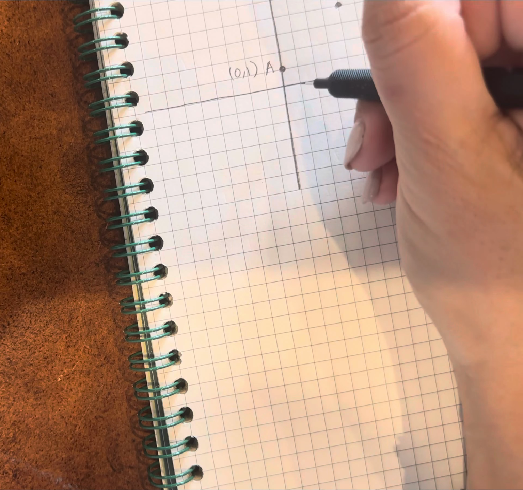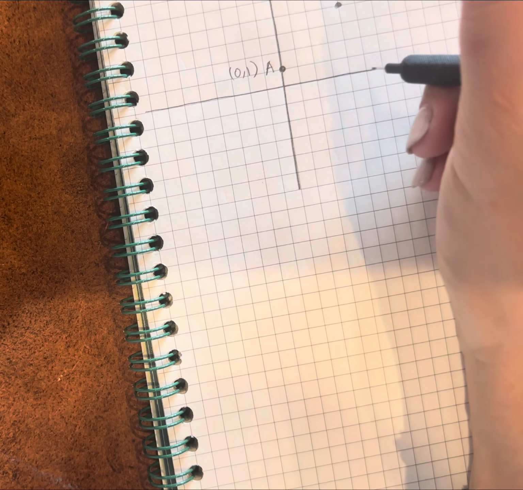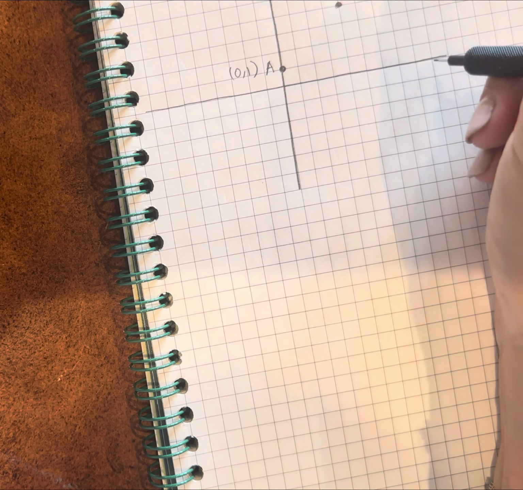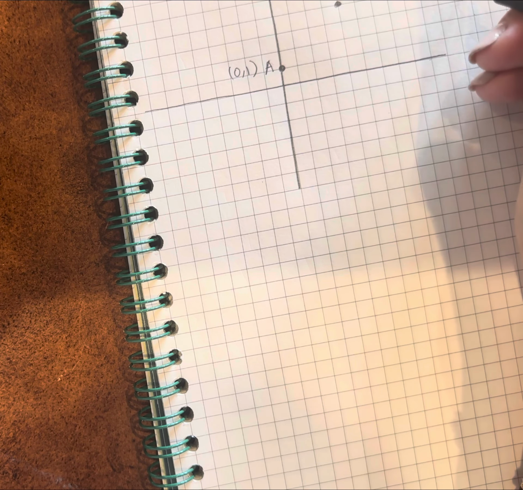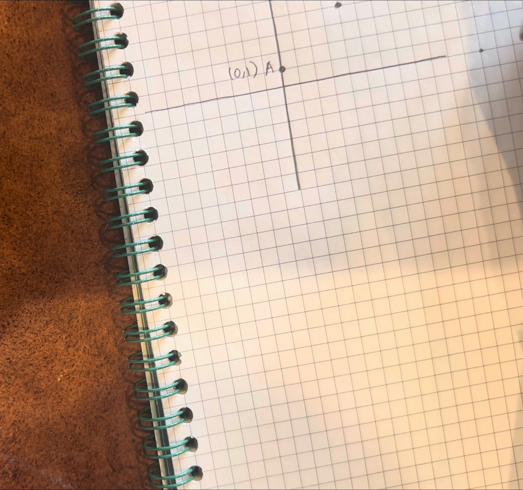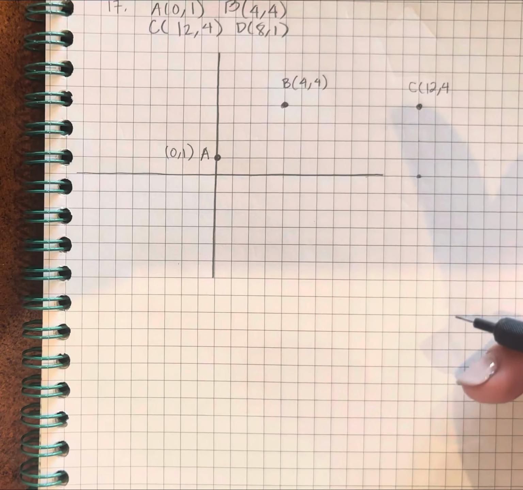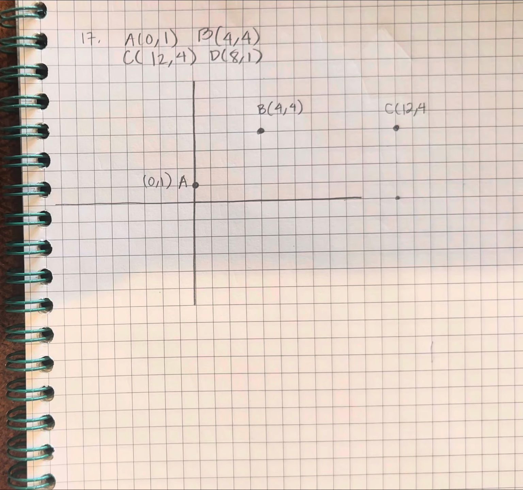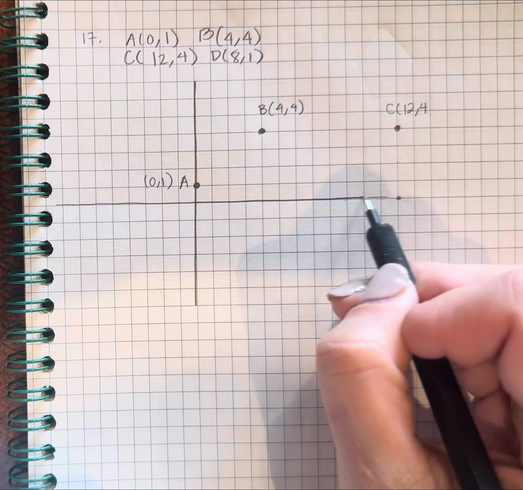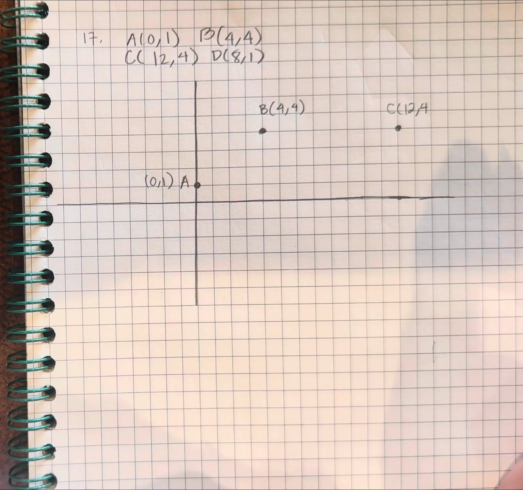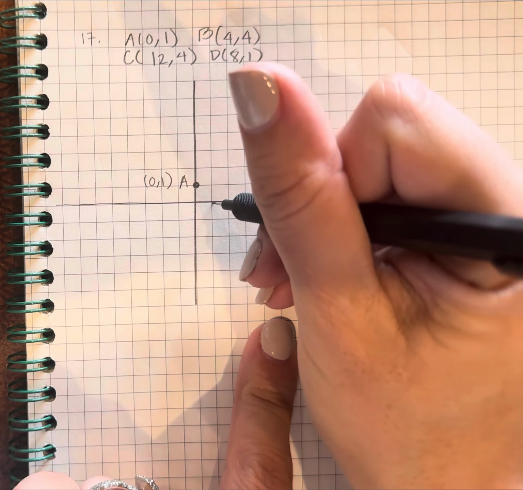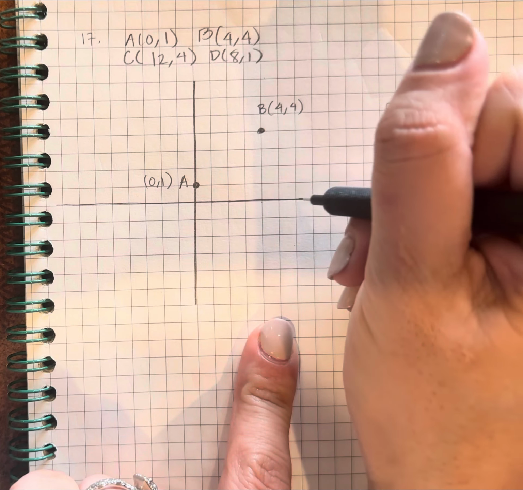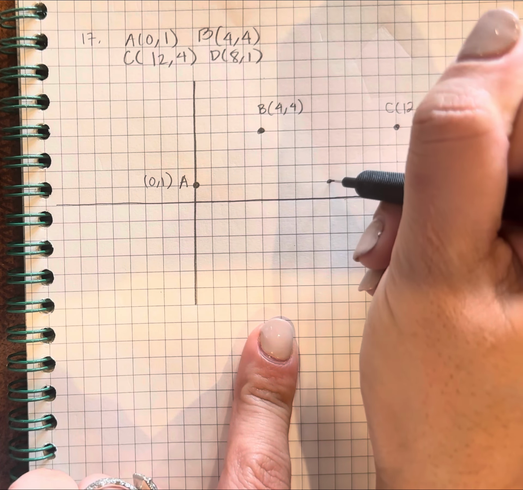C is 12 over, 1, 2, 3, 4, 5, 6, 7, 8, 9, 10, 11, 12, and up 4. And finally, D is 8 over, 1, 2, 3, 4, 5, 6, 7, 8, and up 1.